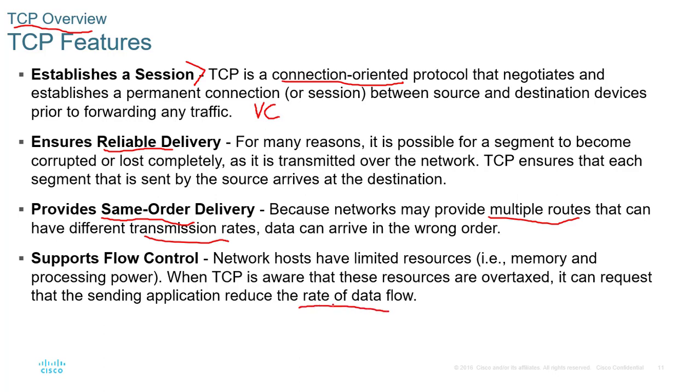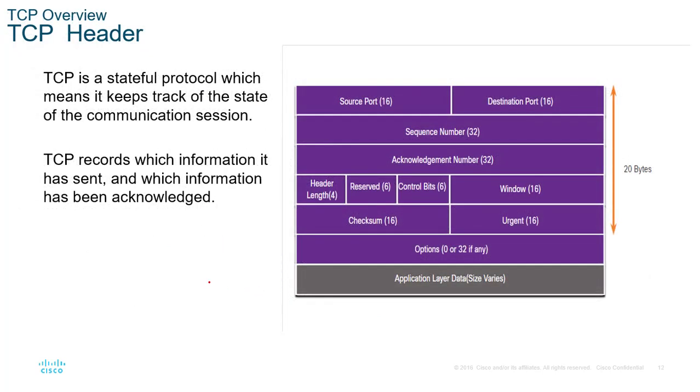And that provides for flow control, that one host does not exceed the other host's ability to interpret the data and receive the data properly. So as we look at the transmission control protocol, we will take the data that comes down from the application layer.